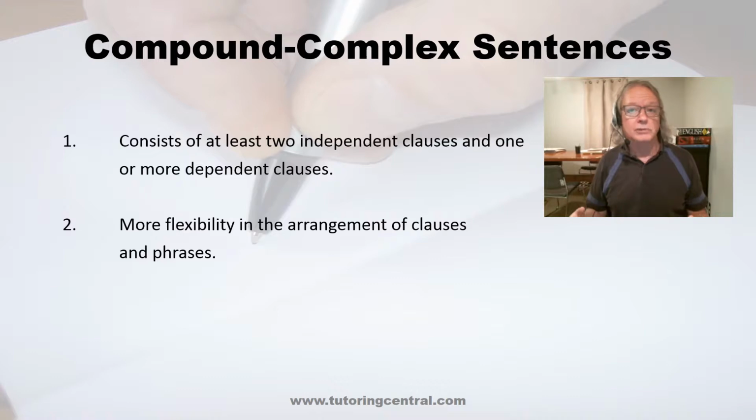So play around with the clauses and the phrases and listen to your sentences as you're writing them, or after you're writing them, read them aloud, and you come to know what kinds of sentences you want for a particular article and how the sentences will follow one another. If they flow nicely, then that's exactly what you want to have. If they don't, you can always rearrange some of the clauses and try it out in a different format and see if that works better. So lots of flexibility with these kinds of sentences.